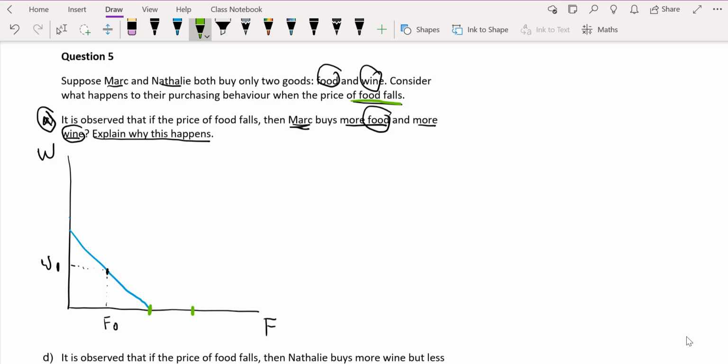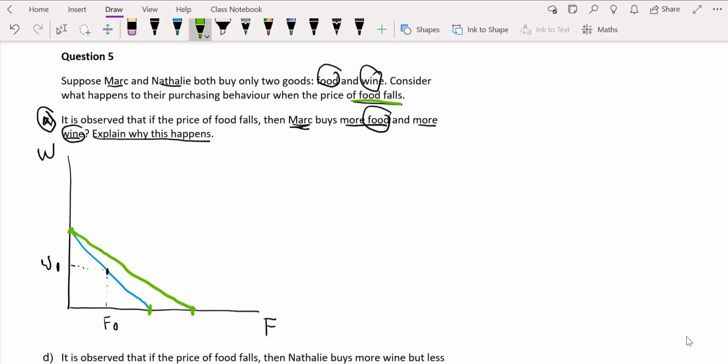So I just need to now connect this point and this point. Now nothing happened to the wine price, so there's no effect on our wine consumption. Let's say we have this. Yeah, that's better.